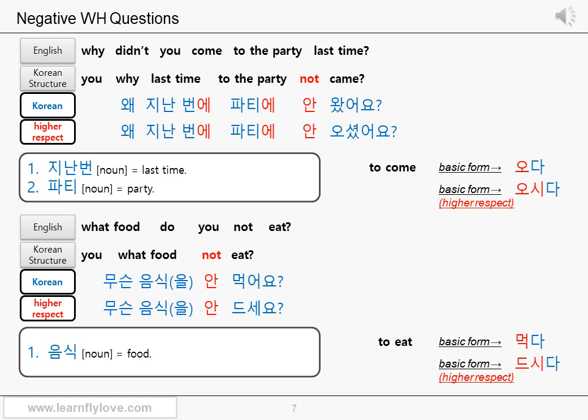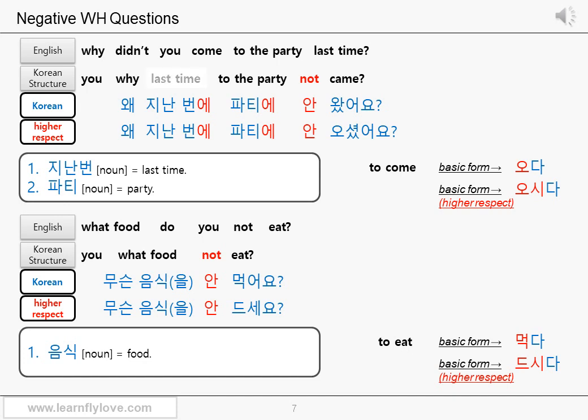Let's see how to make a negative WH question then. It's nothing, right? Let's get through this quick. The first sentence is, why didn't you come to the party last time? The interrogative why is used here. Let's reposition the words first. The subject you comes first, and then the interrogative why comes right after the subject you, as we learned in lesson 5 part 4.